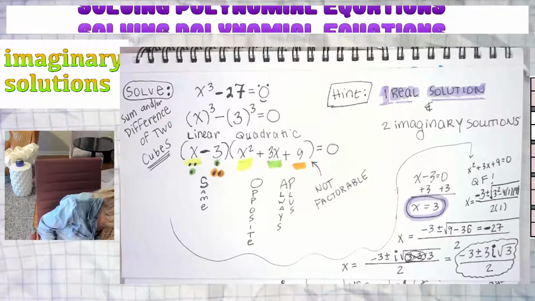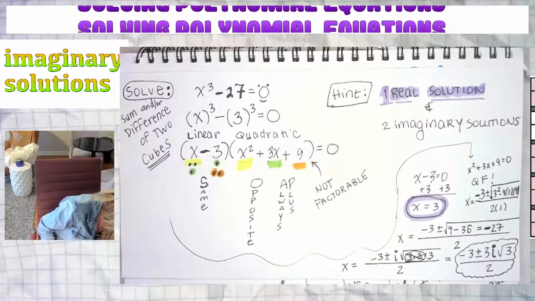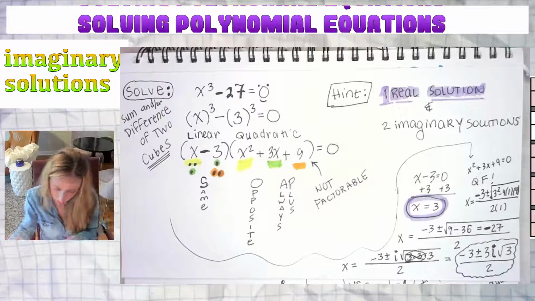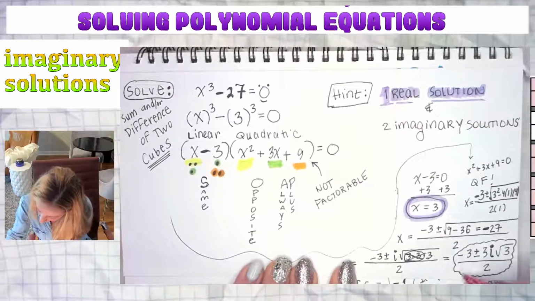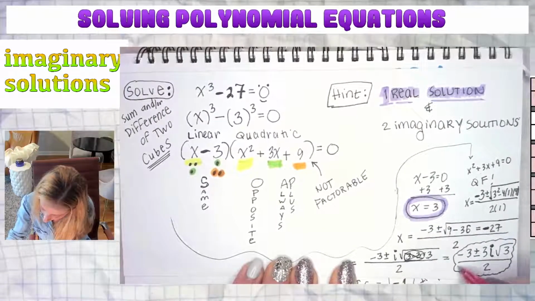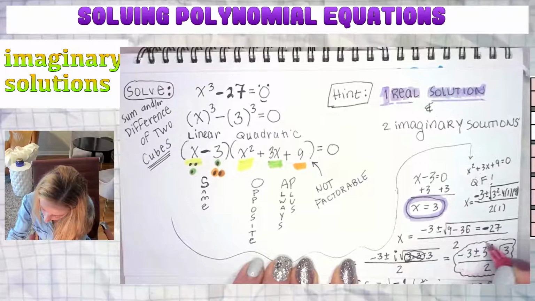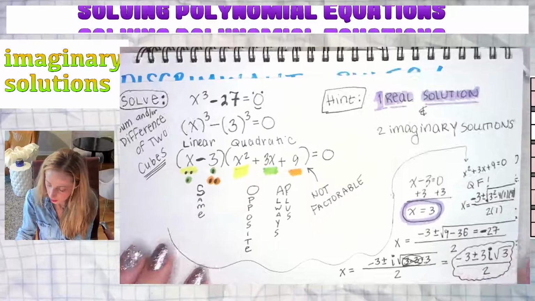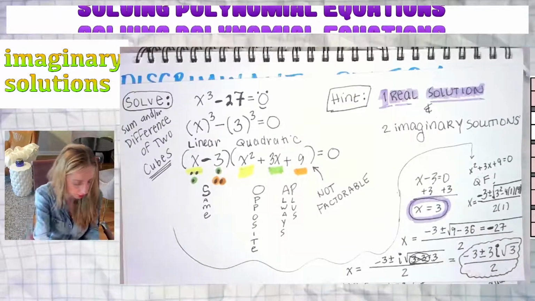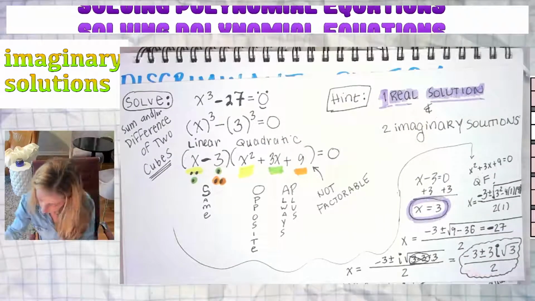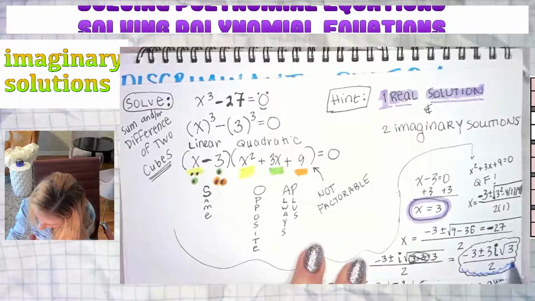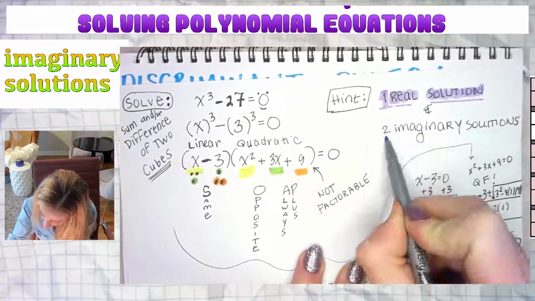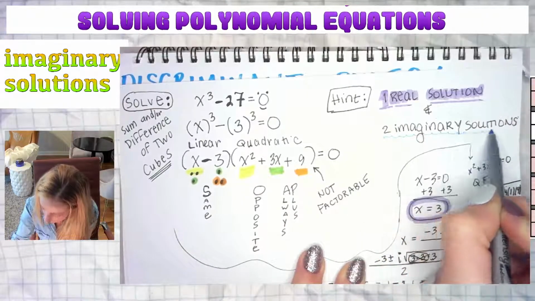So at the end of the day, what did we get? I'm just going to grab a color pen over here, maybe to color coordinate this. Oh, I have a blue marker I could use. There we go. This right here are our 2 imaginary solutions, which we reference over here in the hint.